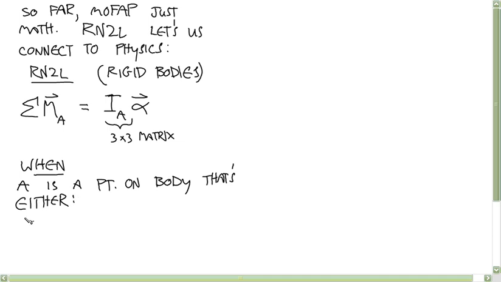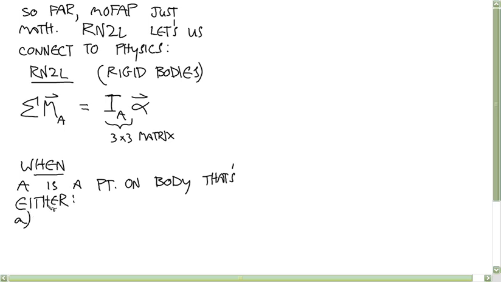anyone remember what these two things are? What are your two choices if you're going to use this simplified version of the rotational Newton's second law? That's going back into the vault.